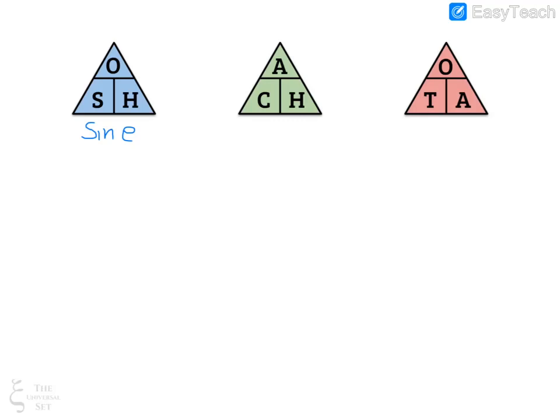So if I cover up the S, so that's telling me the sine of the angle, what I'm left with is the O and the H. The O is on top, so that's O over H, or O divided by H. So we would write that as the sine of the angle, I'm going to use that little a for angle, is equal to the opposite over the hypotenuse. And what that means is, because we're going to be looking to find the angle, if I do this opposite divided by hypotenuse, that will tell me the sine of the angle.